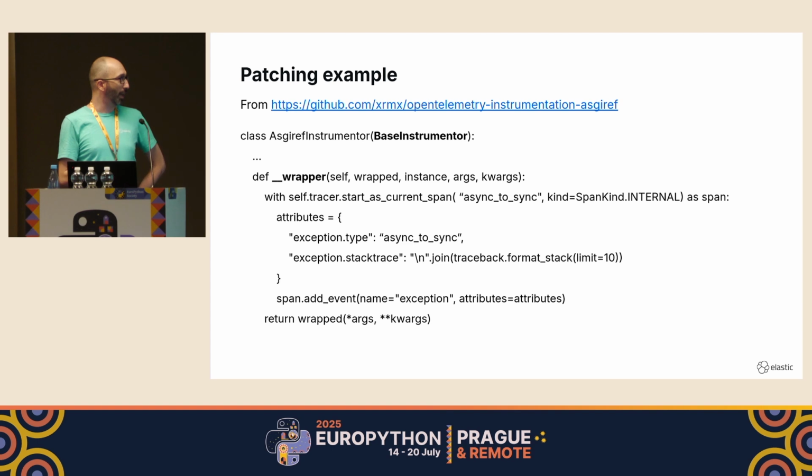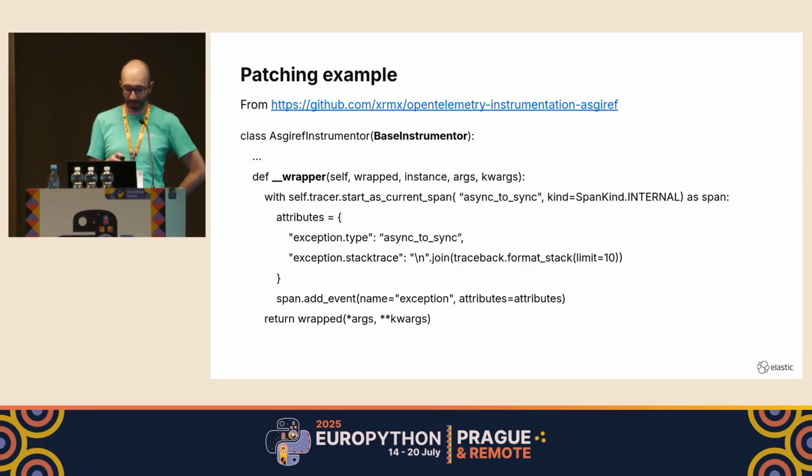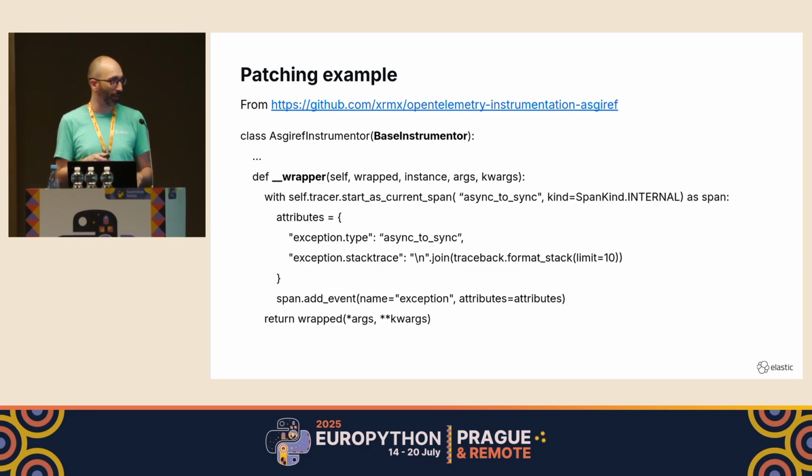In this example, I used it in a not so common use of tracing, but I created this instrumentation to trace how many times a Django async application went from async to sync and the other way around. So when the asgiref async_to_sync and sync_to_async functions were called, I just sent a trace with a stack trace in it. This is something you won't do, but it was a fun exercise.